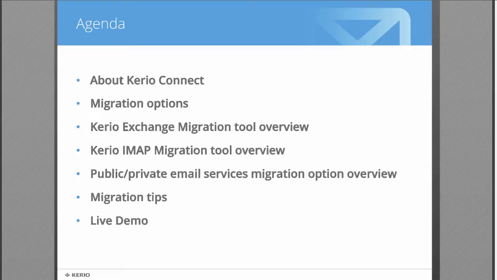Then we will show you what you can migrate from, and the tools that we provide, such as the Exchange Migration Tool, IMAP, and also if you have your email already hosted somewhere else, like on Gmail or an ISP. We'll give you some tips that we have learned. They are not official tips, but they are things that we have learned from what people actually do through their migration and how it can be optimized.